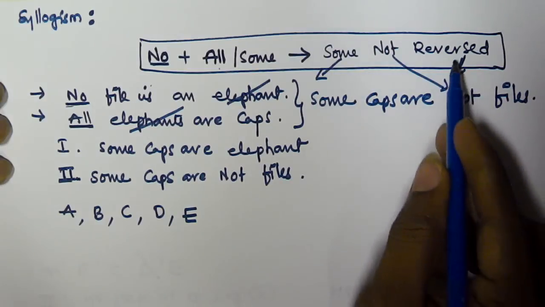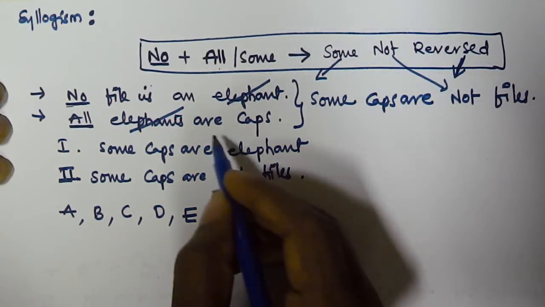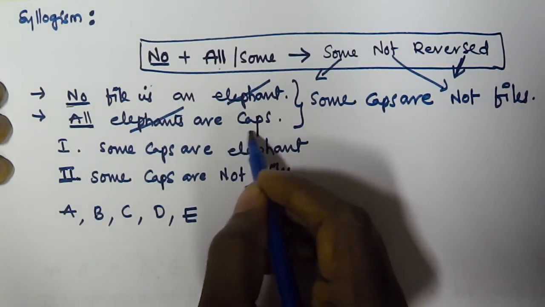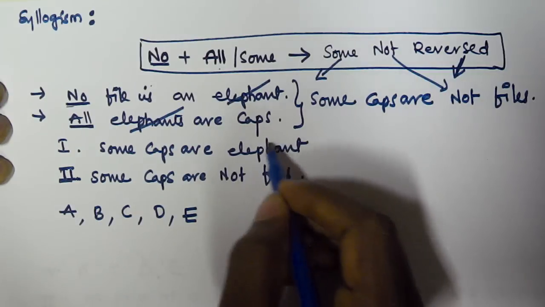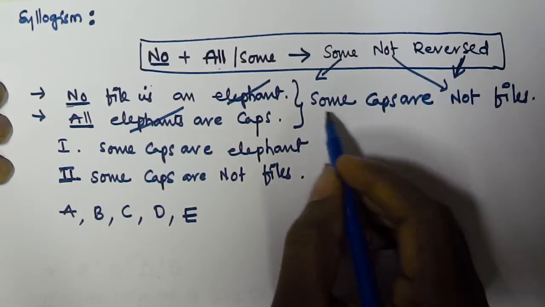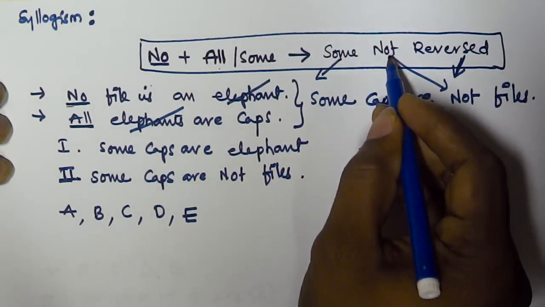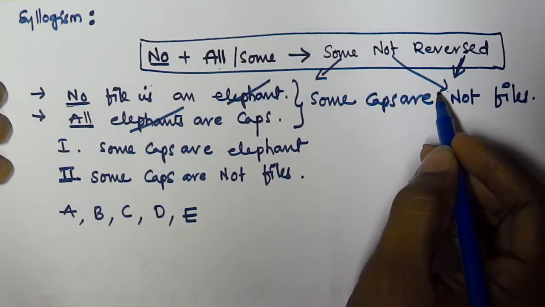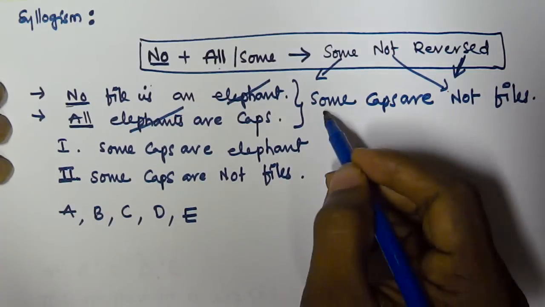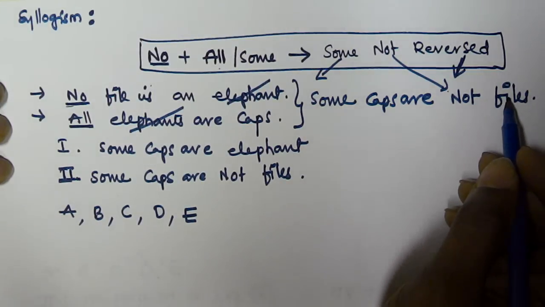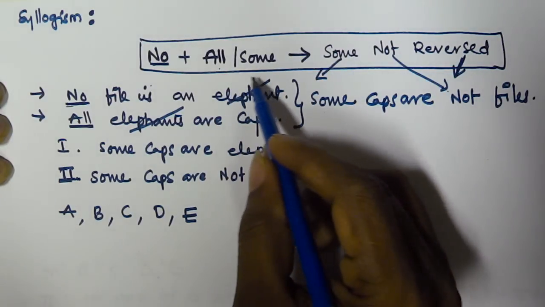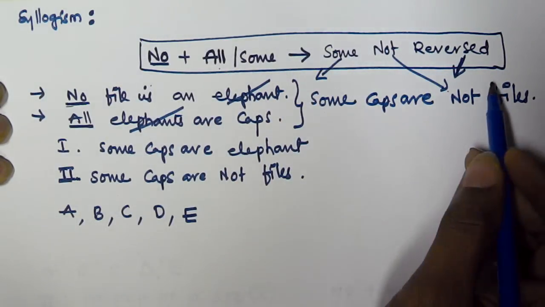Here caps is the predicate of the second one, so we take it as the subject in the derivation. So some caps are, then not, then the subject of the first one as the predicate: some caps are not files. This we derived using no plus all or some gives some not reversed.